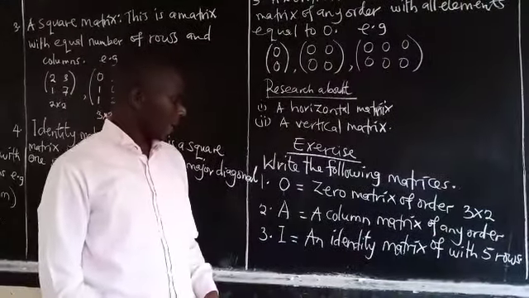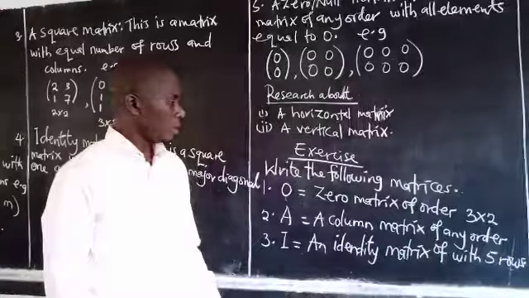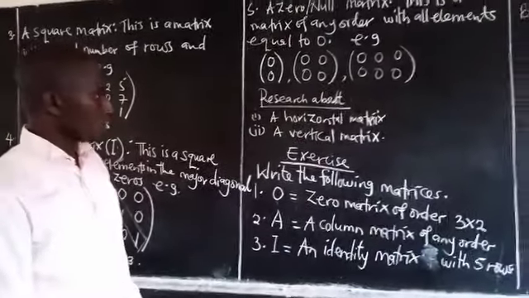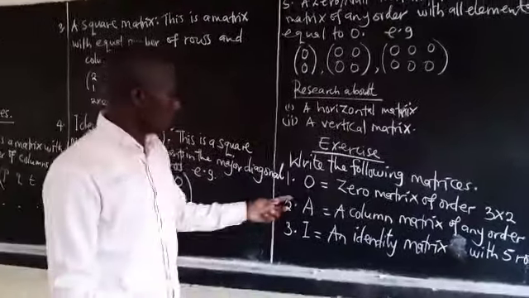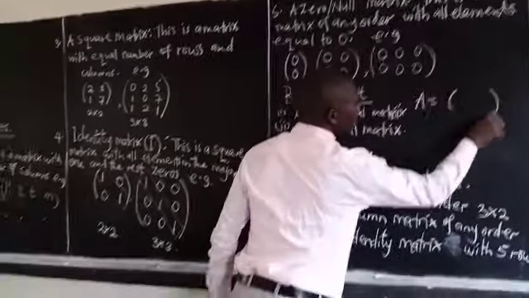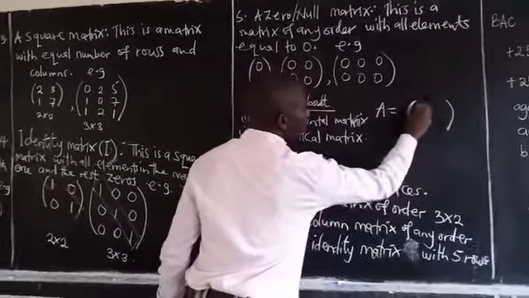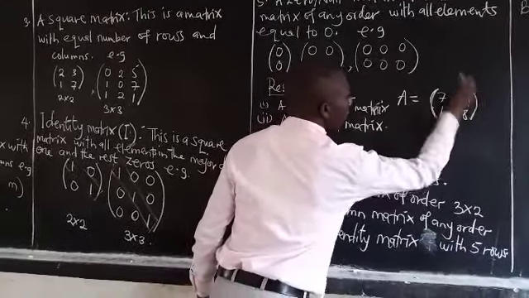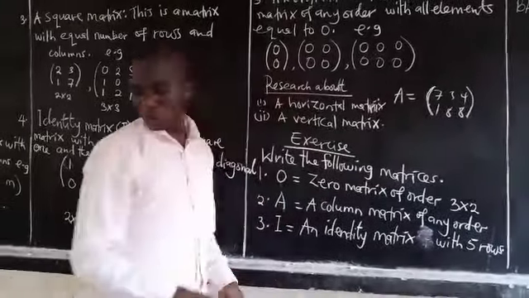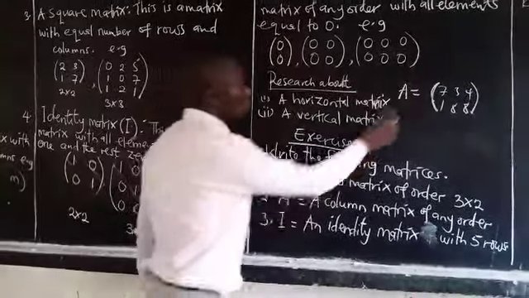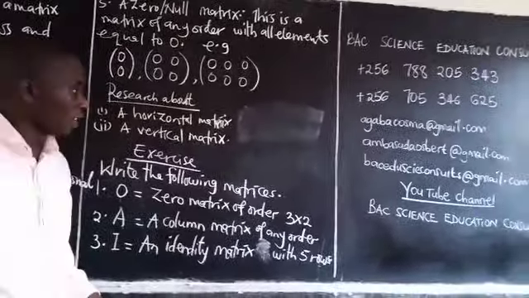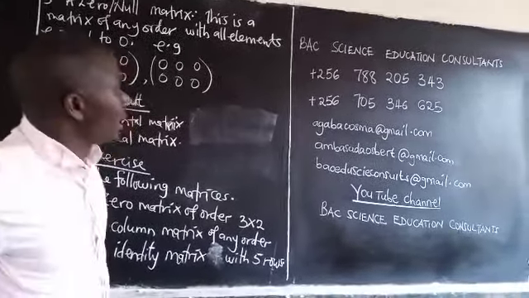And 3, an identity matrix with 5 rows. Let's say if this is the square matrix, just tell me A equals, then you put there the figures. If this is 7, 1, 3, 8, 4, 8, if this is the matrix, I just want you to say A equals that. Okay?